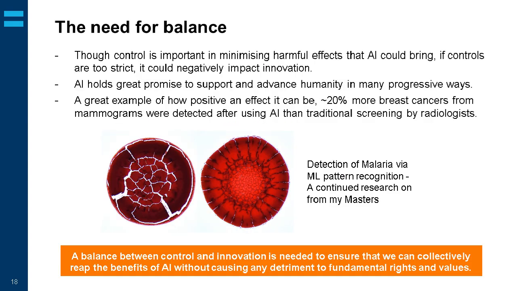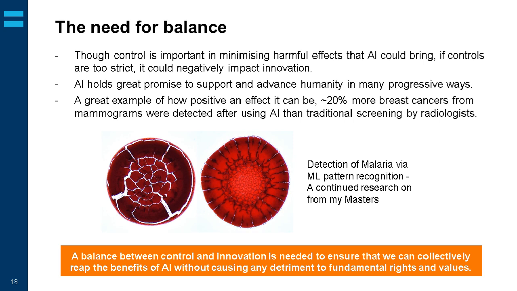Now, what I'd like to really finish on, because I really want to open this up for a bit more of a discussion and questions, but I just want to take a bit of time on this slide, and it's basically the need for balance, right? We understand that we need this control, we need the regulations to make use of AI but not exploit our fundamental rights.